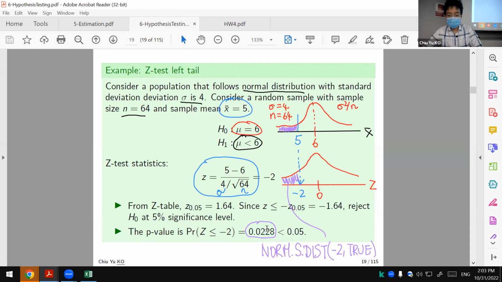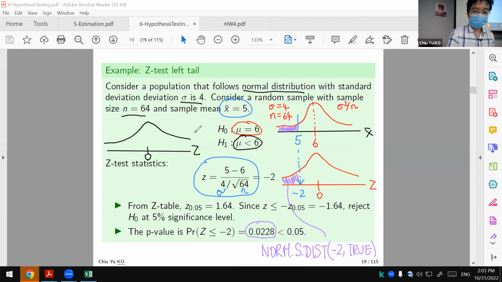Instead of looking at this number, what we're actually doing is this: Z. This is 0. It's a bell curve here. And here we have -2.